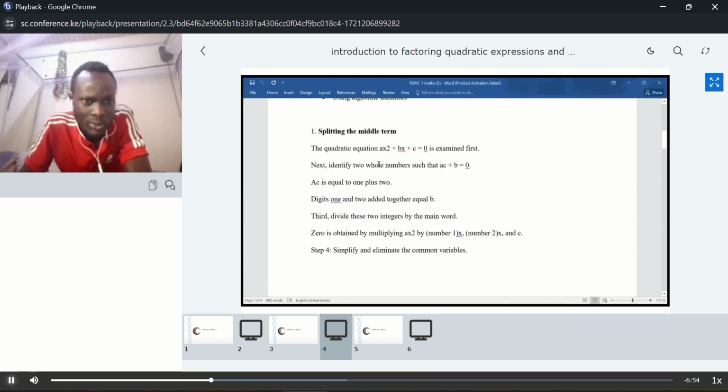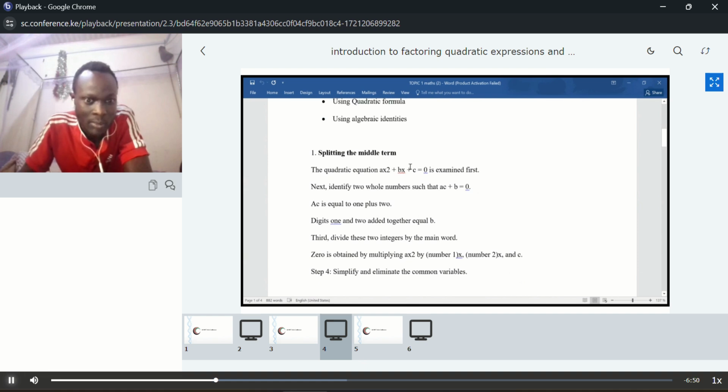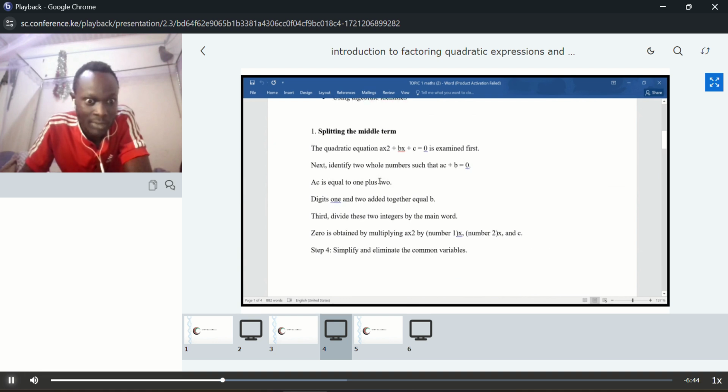The quadratic equation ax squared plus bx plus c is equal to 0 is examined first. Our next step is to identify two whole numbers whose sum is b and whose product is ac.